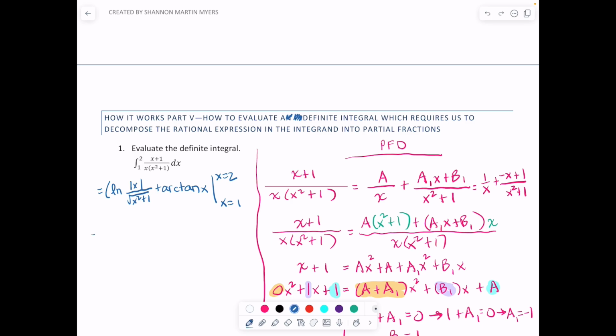And then our upper limit of integration will be natural log. Both numbers are positive, so I can take off the absolute value.